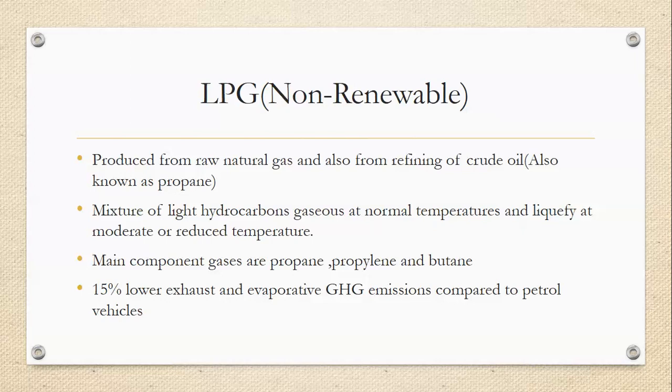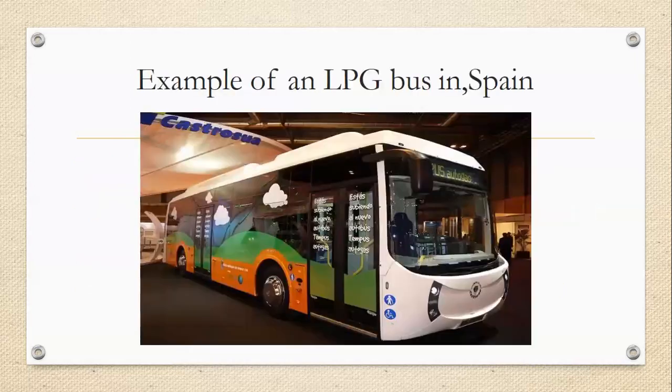Main component gases are propane, propylene, and butane. 15% lower exhaust and evaporative greenhouse gas emissions compared to petrol vehicles. This is an example of an LPG bus which is operated in Spain.